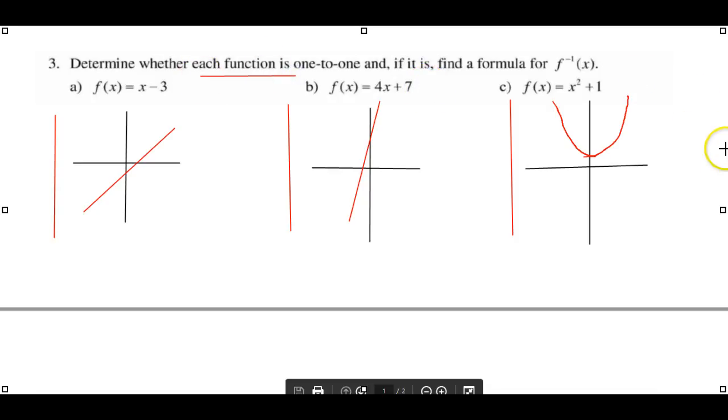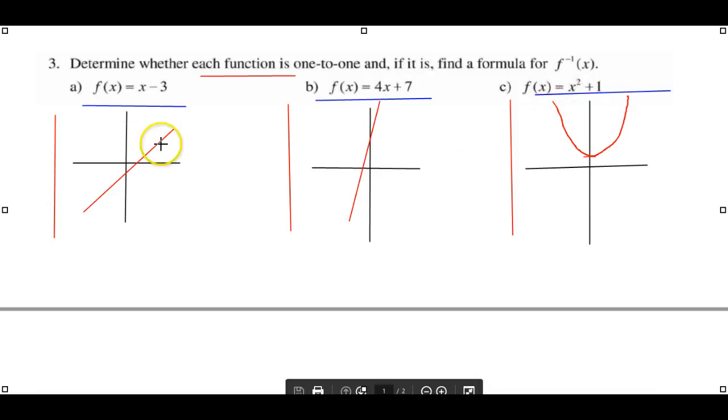Now the question is, does it pass the horizontal line test? This one does. How about this one? Yes, that does. How about this one? This one doesn't, because as it comes down, it intersects there and there.